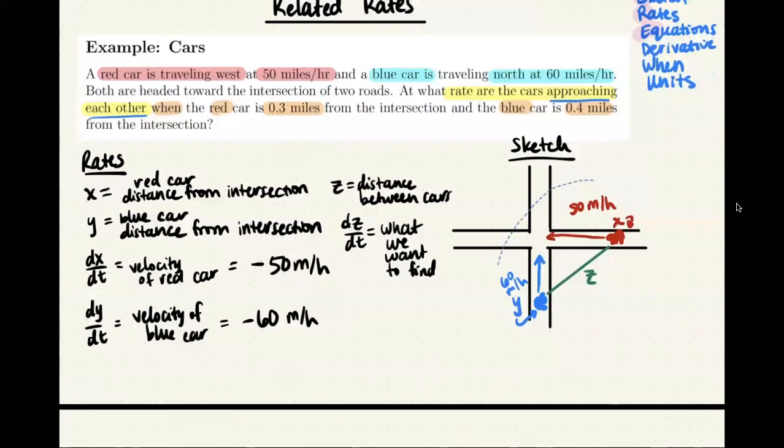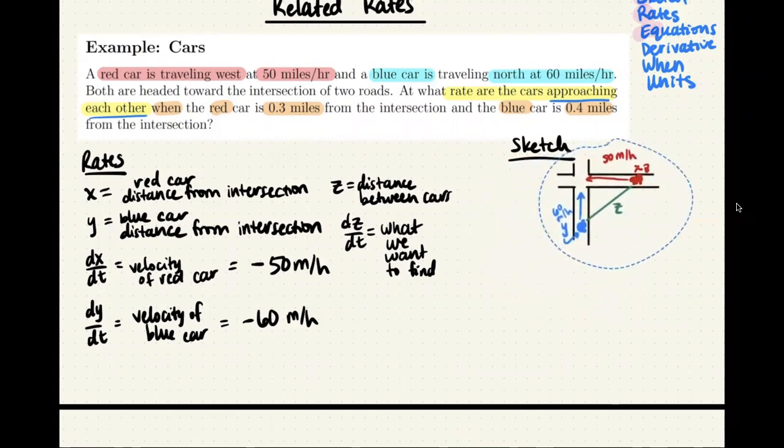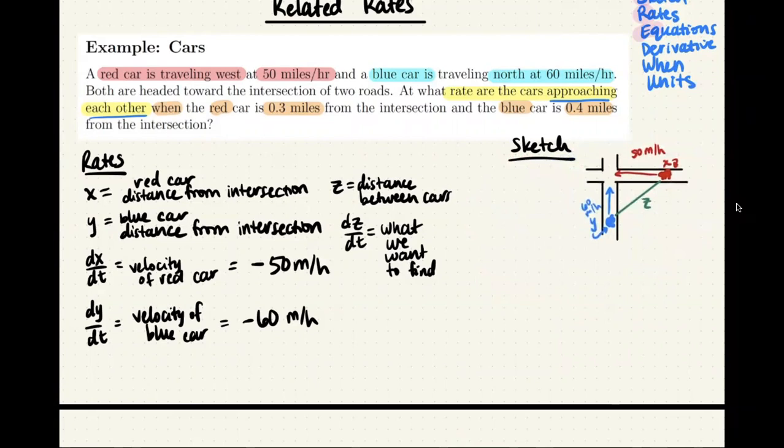I'll put it next to my sketch so you can see how I'm getting that. And you know what? I don't need those parts of the intersection really. So here's my sketch. Oh, that's not great. That's pretty good. Okay. We'll go with this picture.